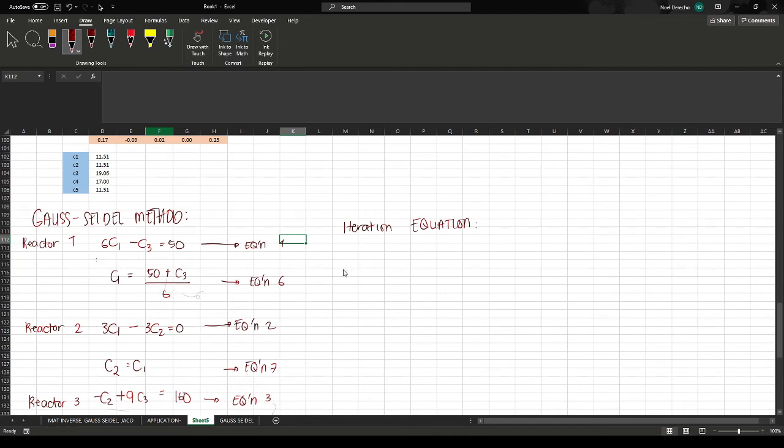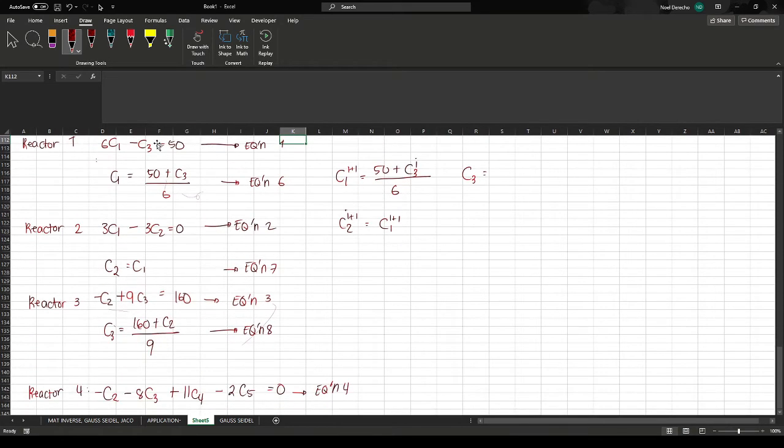For the iteration equation, we have here for C1, I plus 1, which is equivalent to 50 plus C3 I all over 6. For C2, I plus 1, that is equivalent to C1 I plus 1. C3 is equivalent to 160 plus C2, this is I plus 1, and this is I plus 1, all over 9.